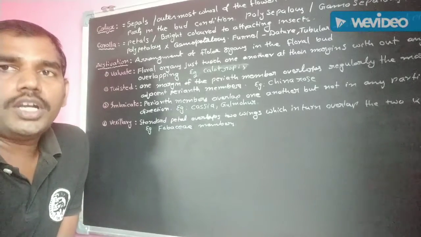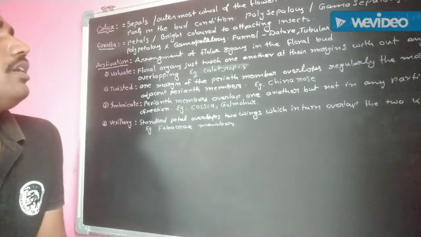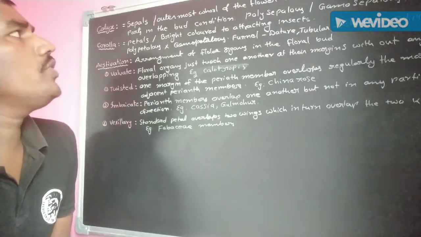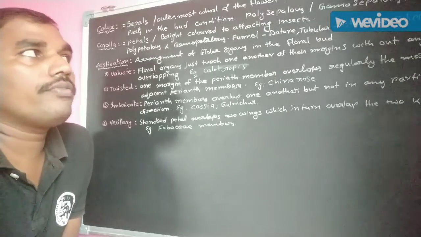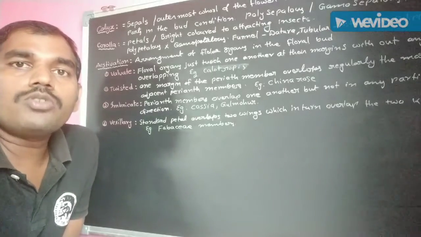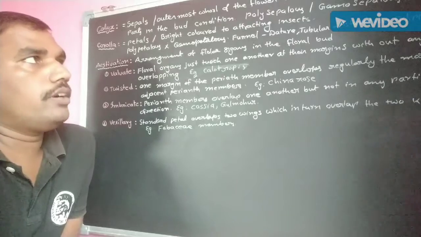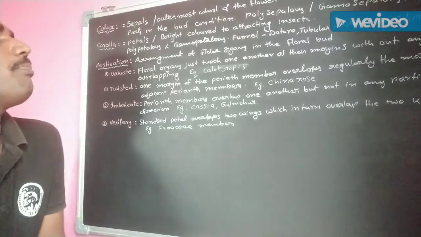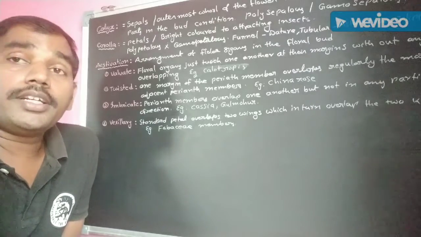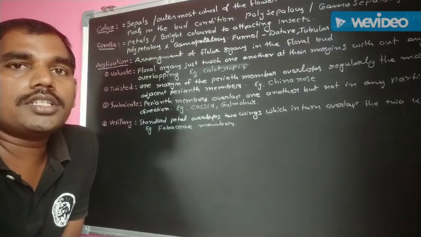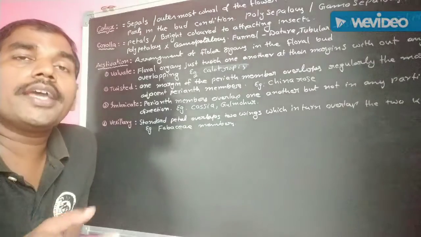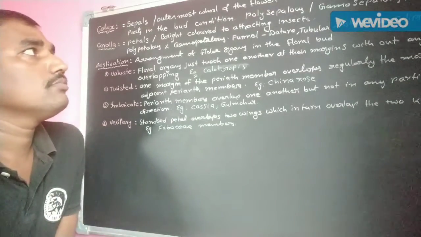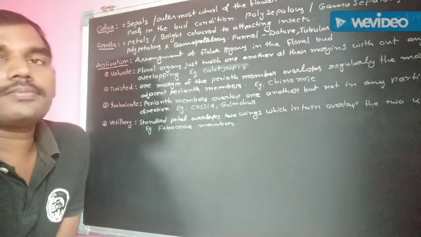Generally these are green in color, and these green sepals are situated in the outermost whorl of the flower. They are meant for protecting the other floral parts in the bud condition, like corolla, androecium, and gynoecium.